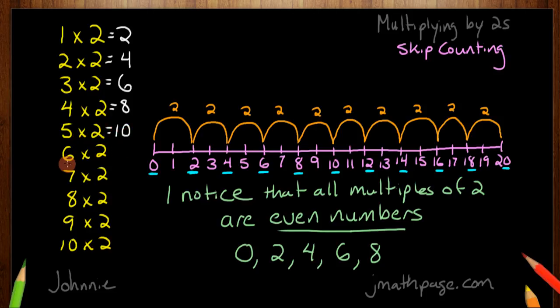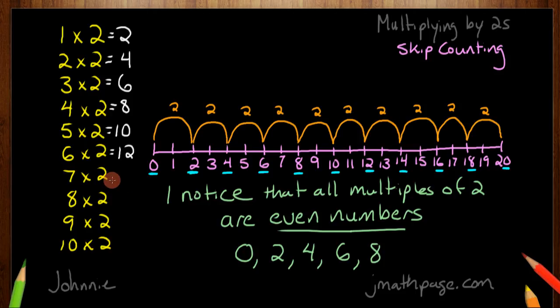Skip counting by 2, 6 times. 1, 2, 3, 4, 5, and 6, and I find myself at 12. 6 times 2 equals 12. Skip counting by 2, 7 times. 1, 2, 3, 4, 5, 6, 7, and I find myself at 14.